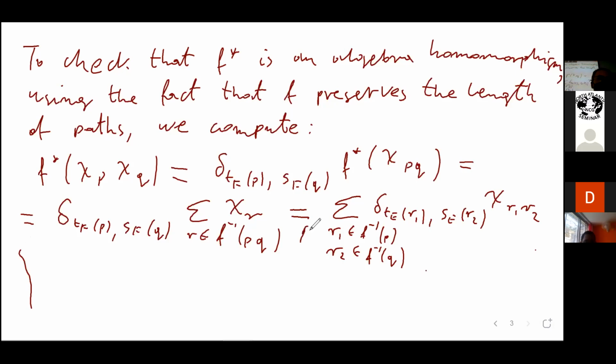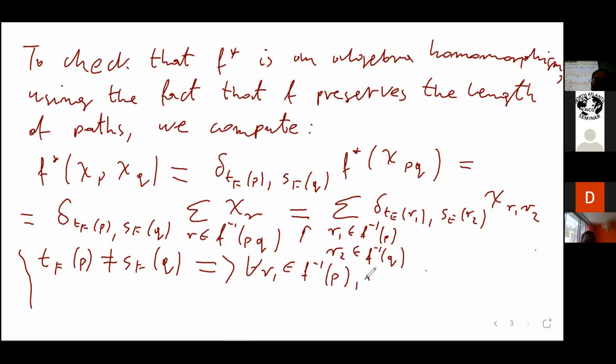To justify this step, we'll use the following implication: if TF of P is different from SF of Q, this implies that for every R1 in the preimage of P and R2 in the preimage of Q, the end of R1 is different from the beginning of R2.